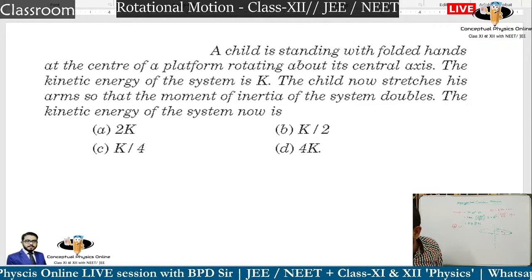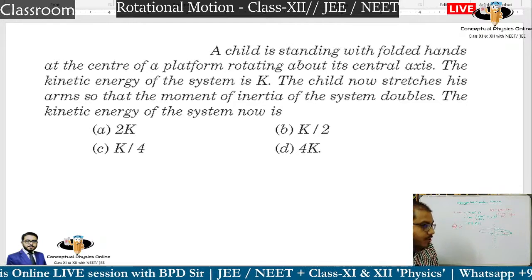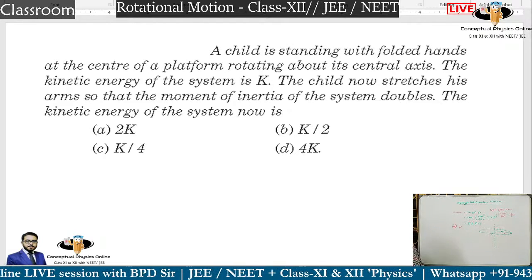So this question is also from the topic of horizontal rotation.